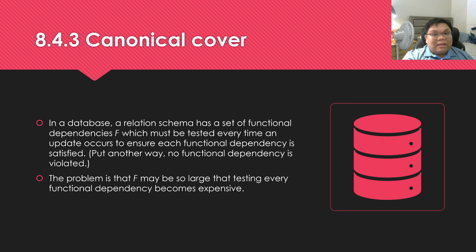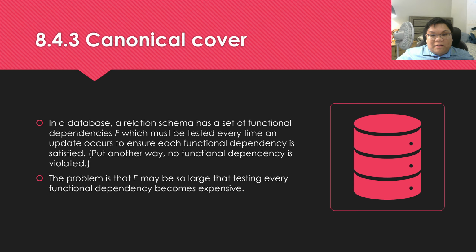So if we can produce another set of functional dependencies that is smaller but equivalent, then when we want to update the database, instead of testing the original set, we just test the smaller equivalent set, and it'll take less time.